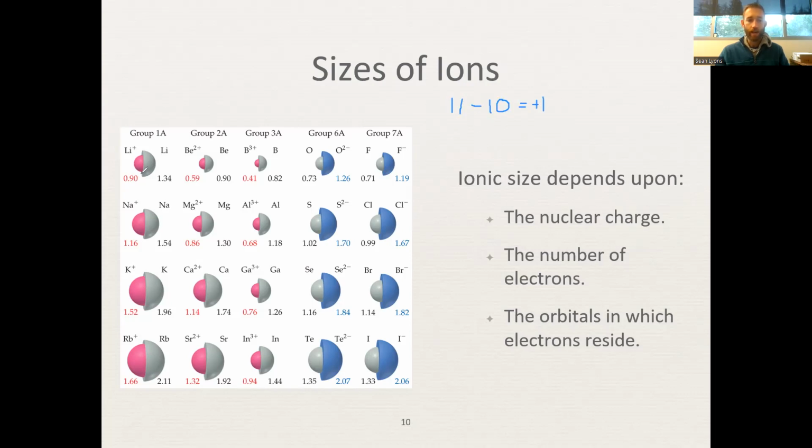When we look at the ion, we still have 11 protons, but if we think about the electron configuration, 1s2, 2s2, 2p6, 3s1, that's for the atom.